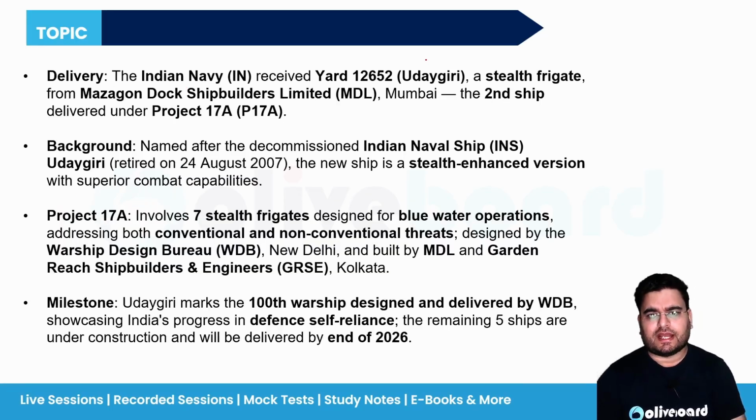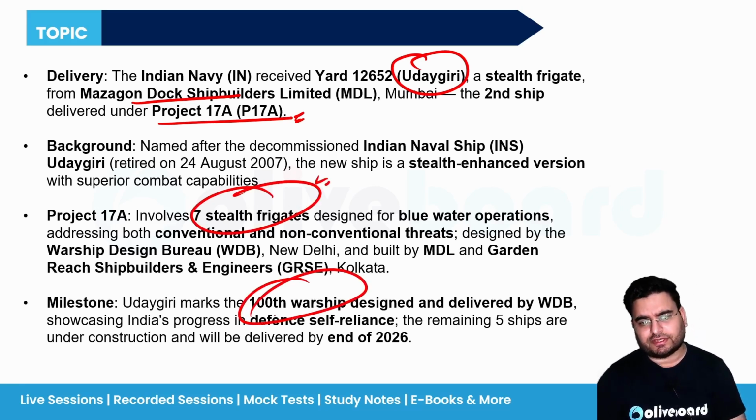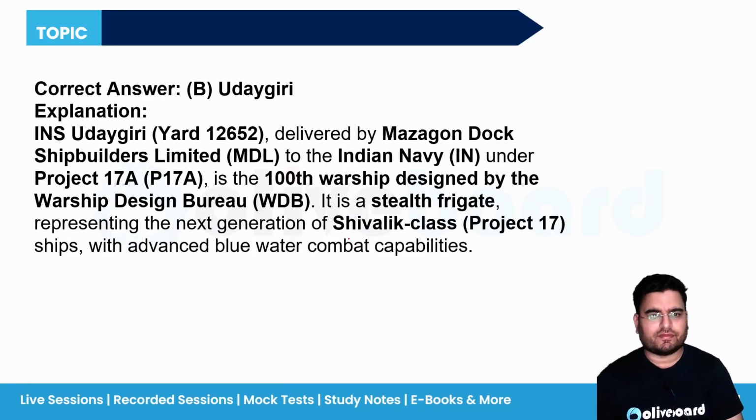INS Udaygiri under Project 17A has been created by MDL, Mazagon Dock Shipbuilders Limited. It is also a stealth frigate. Clear? So please remember this. And this is the 100th warship designed by WDB. So four keywords for this entire news: Udaygiri, Project 17A, stealth frigate, and the 100th warship.